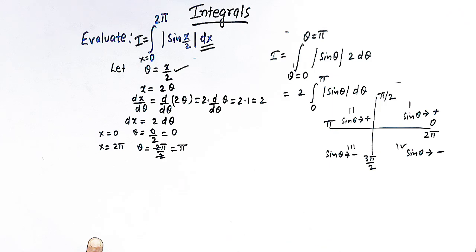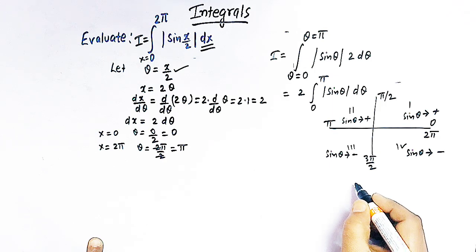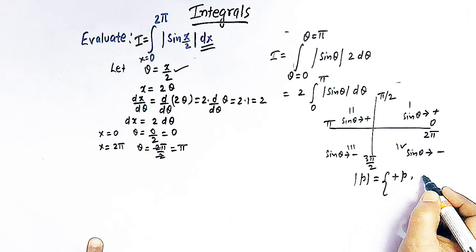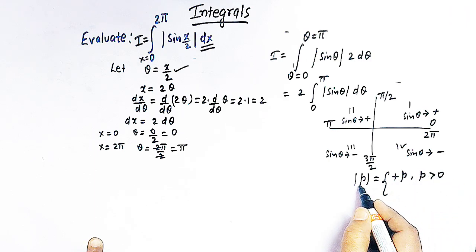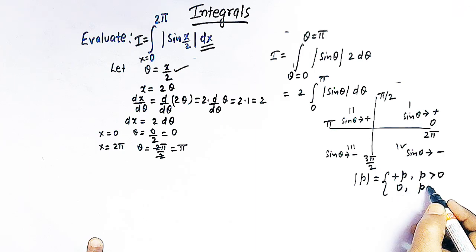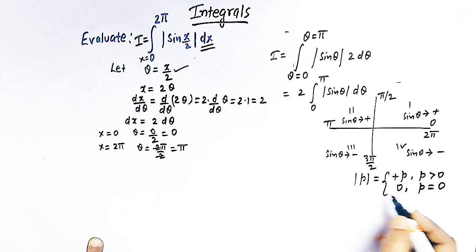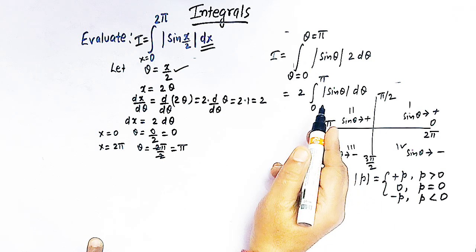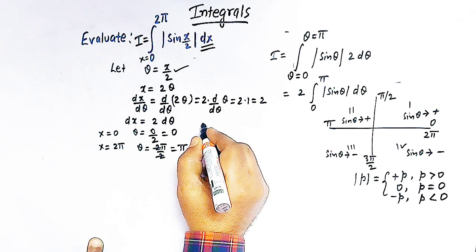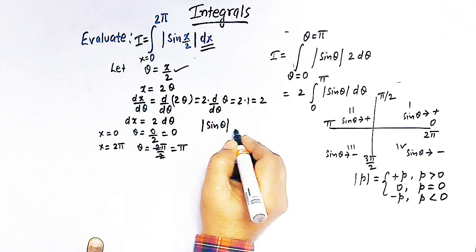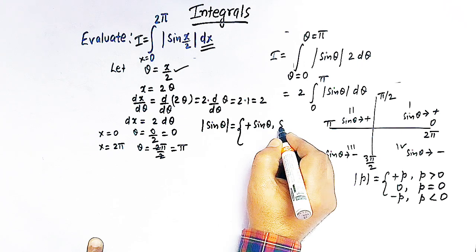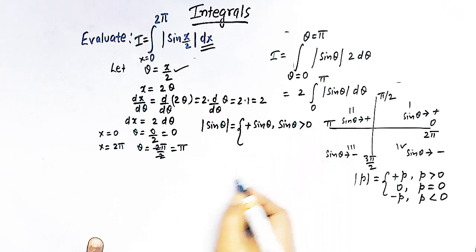So now let us quickly see the definition of mod function. Now see, mod of p is defined as positive p whenever p is greater than 0, and mod of p is equal to 0 when p is equal to 0, and mod of p is equal to negative p when p is less than 0. Now if we take p is equal to sine theta, then mod of sine theta is given by positive sine theta whenever sine theta is greater than 0.